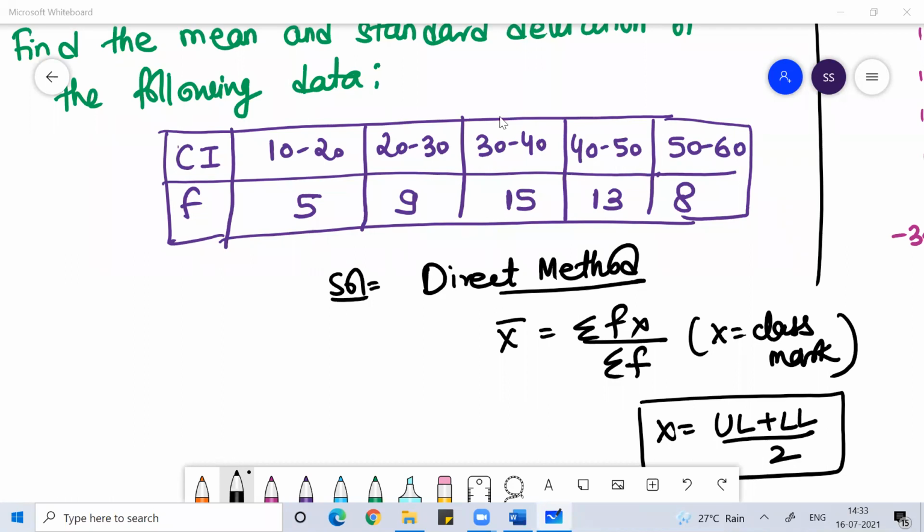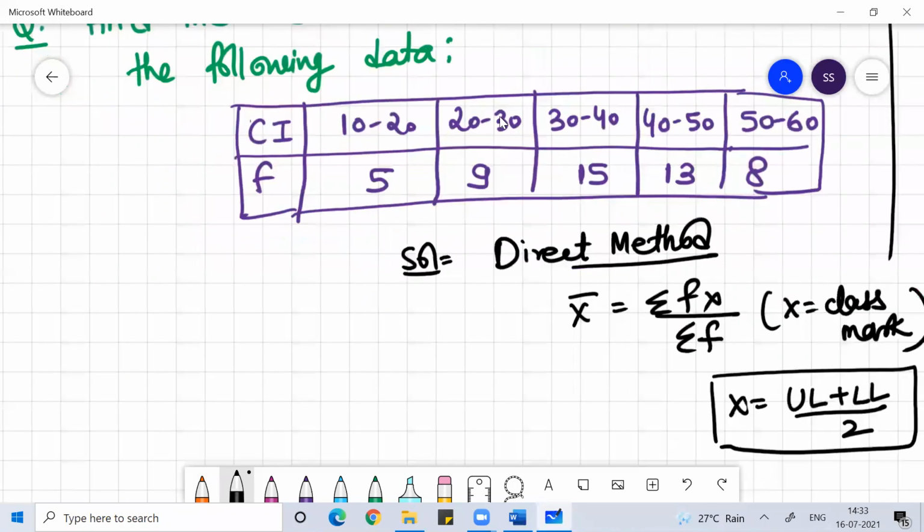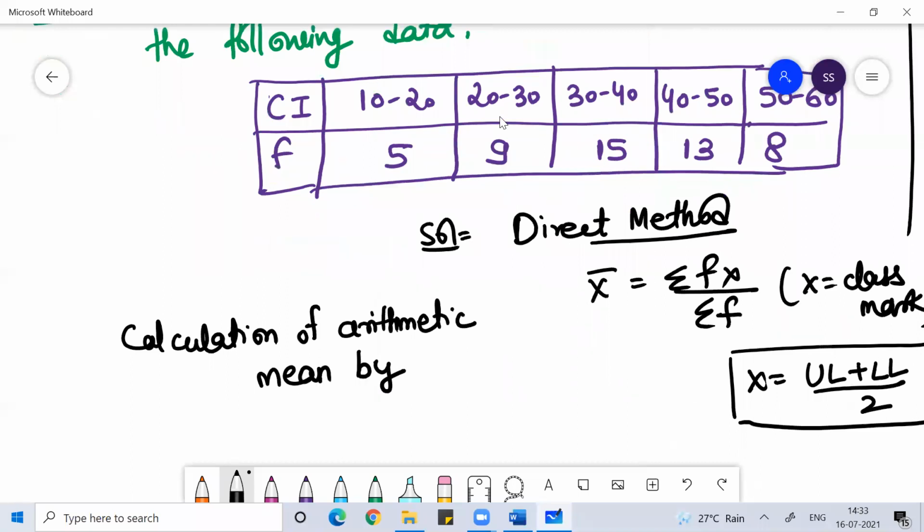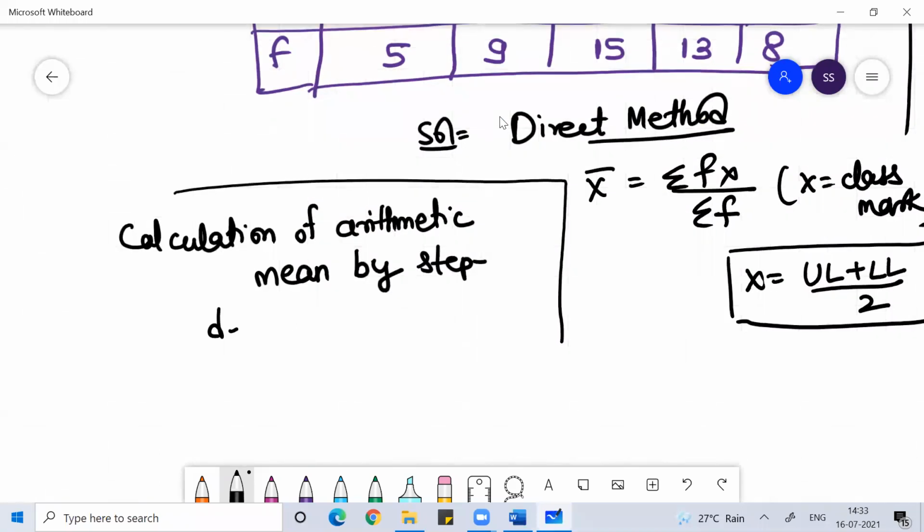So the direct formula to calculate the mean is sum of fx by sum of f. Or you can also find the arithmetic mean by the step deviation method.